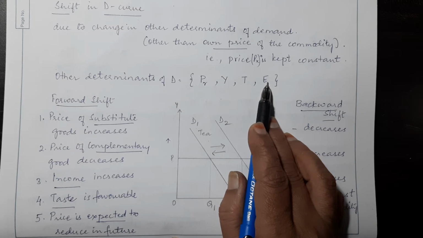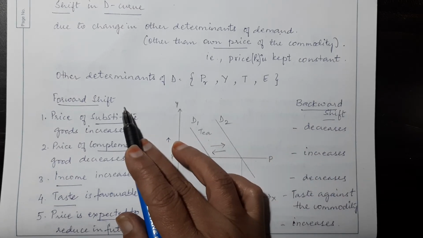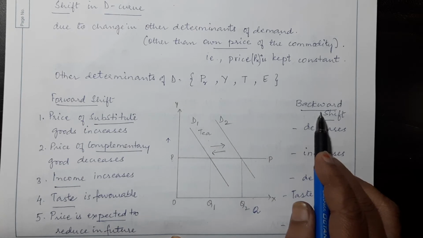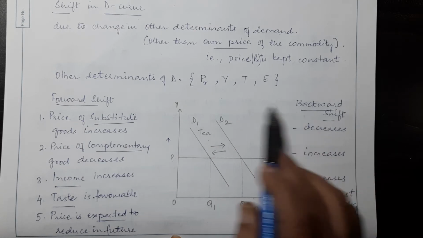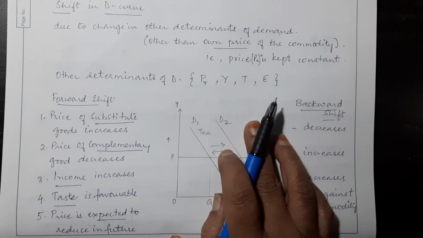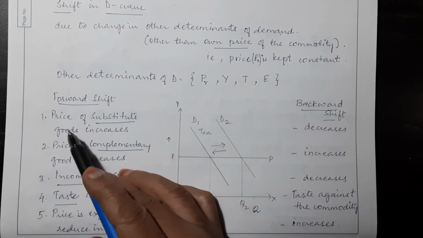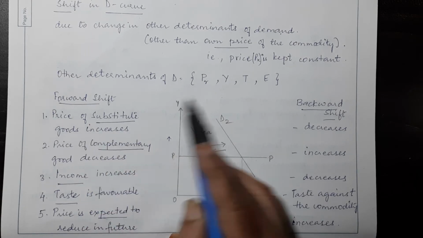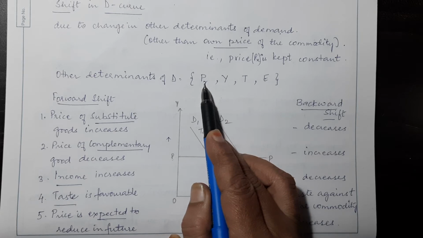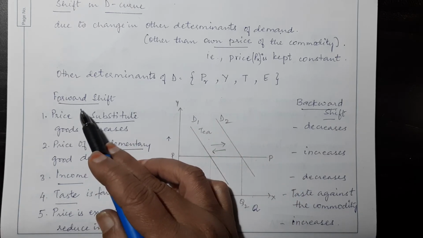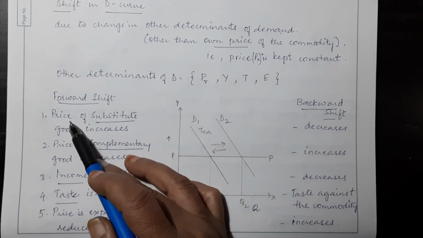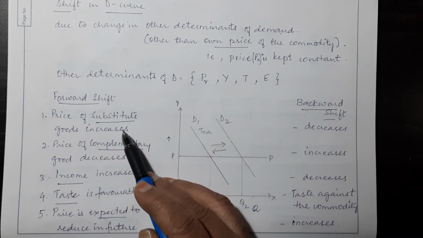This can cause a forward shift or a rightward shift and a backward shift or a leftward shift. Let's look at each determinant and see how the demand curve shifts. Let's first take price of the substitute goods, because related goods are substitute goods or complementary goods. There is a forward shift or a rightward shift when the price of the substitute goods increases.